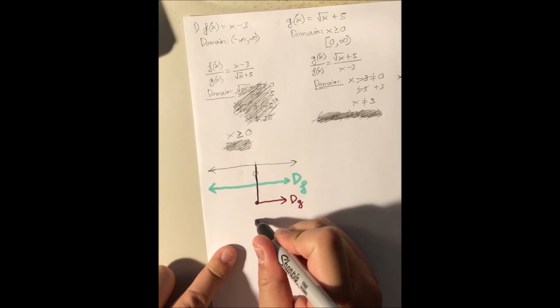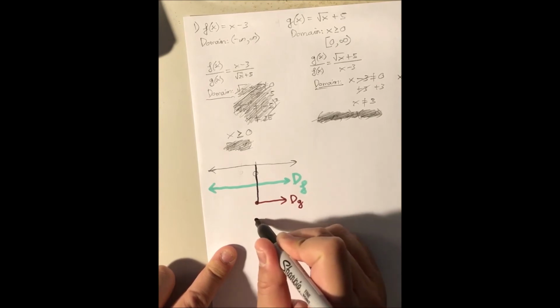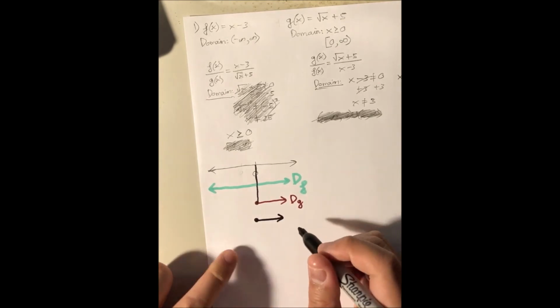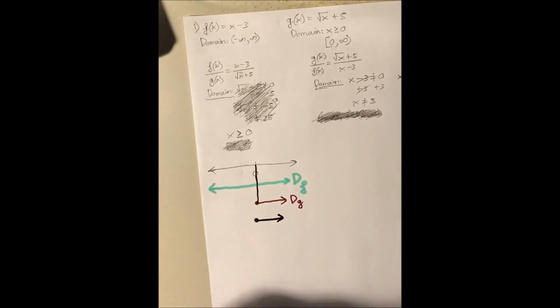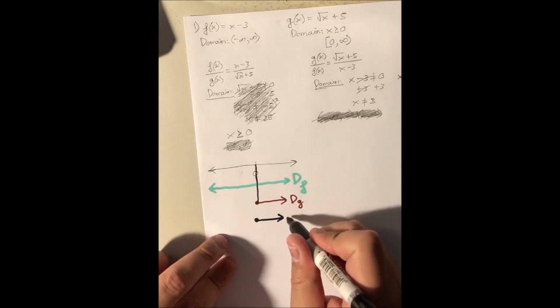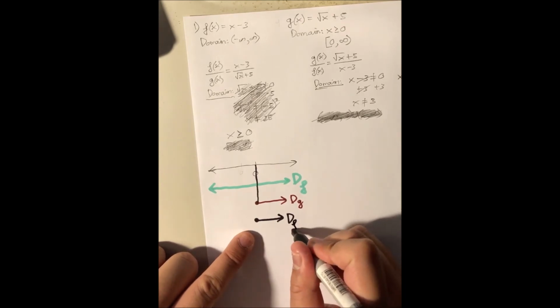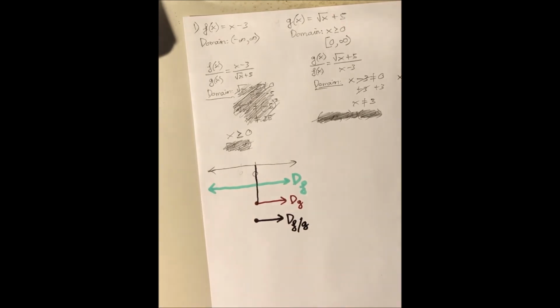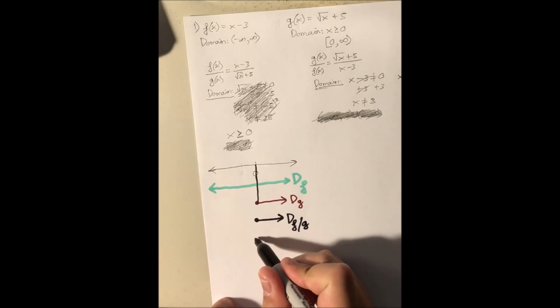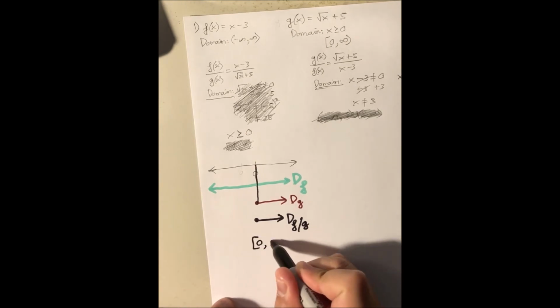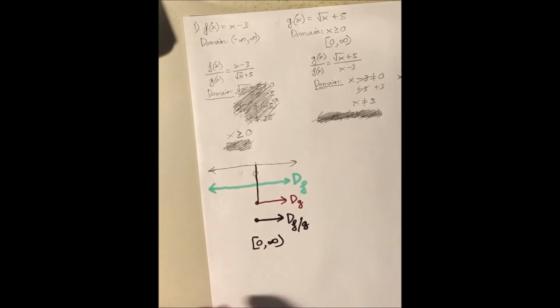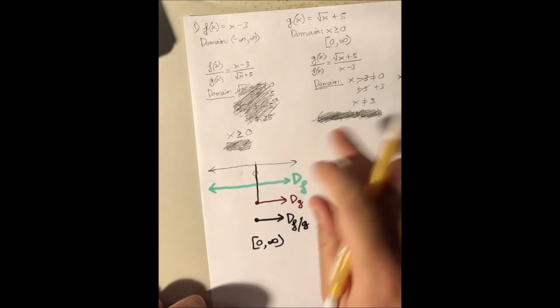So the domain of f over g graphically is going to be from 0 all the way to infinity. So the interval notation is that.